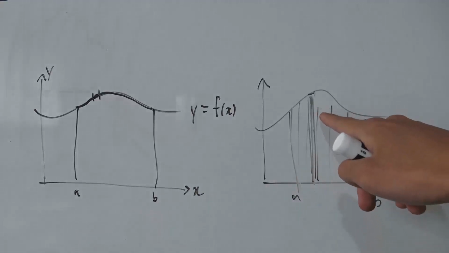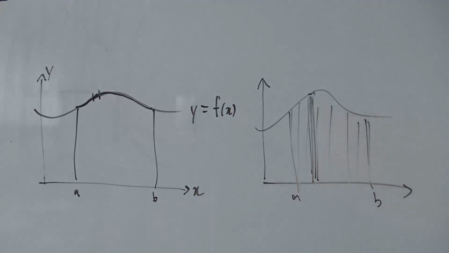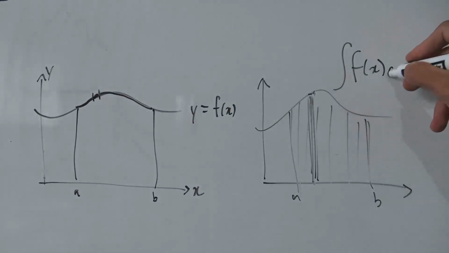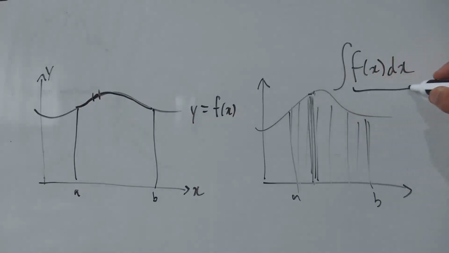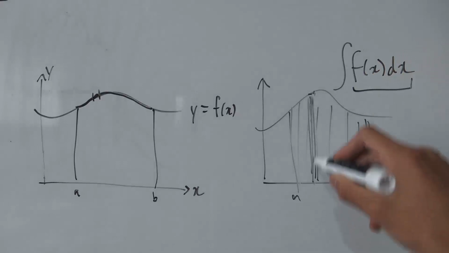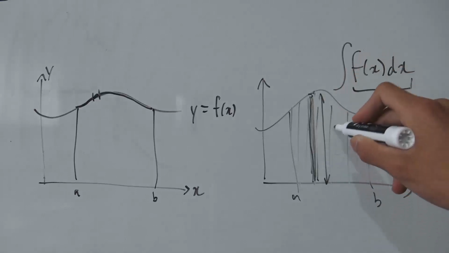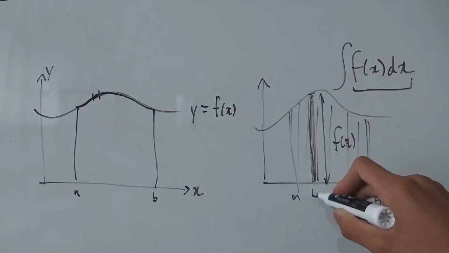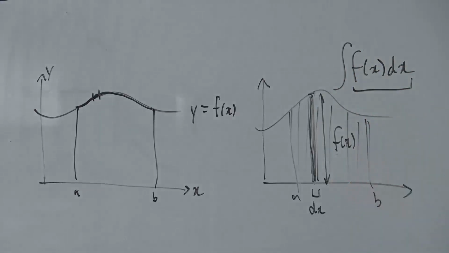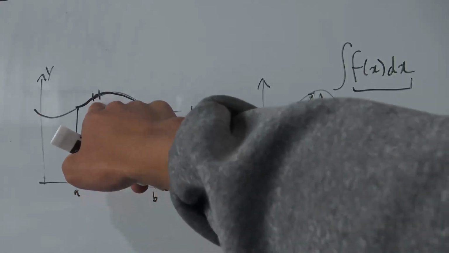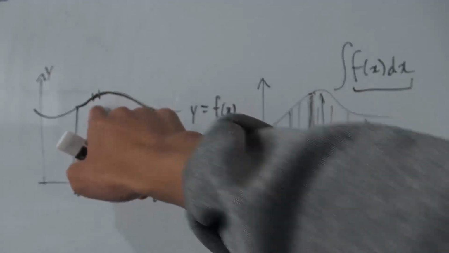Just as we had for finding an area under a curve, we had the integral of some function times dx. This f of x times dx is exactly each of these little slithers. The height is f of x and our little width is dx. So this is in terms of x and our bounds are in terms of x. So this is good.